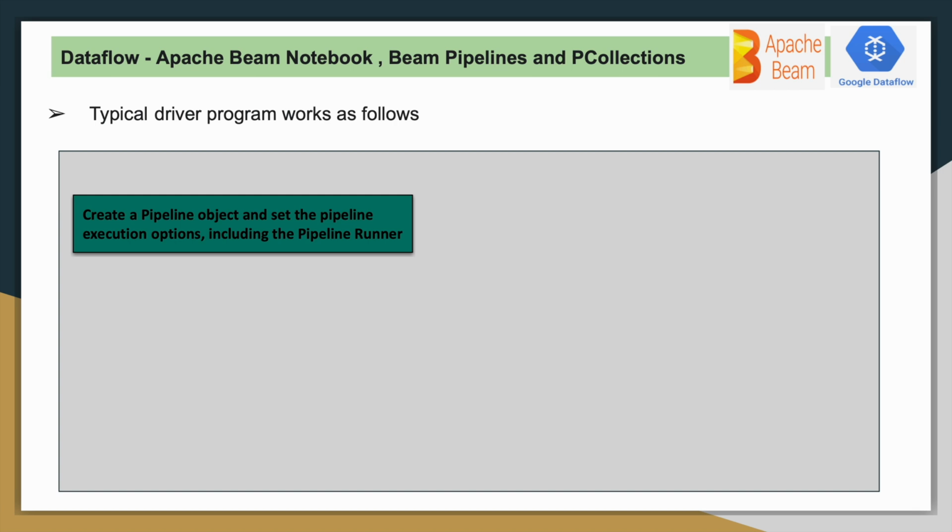The top entity in our pipeline is the pipeline object. First we'll create the pipeline object, and we'll set the pipeline options to run our pipeline on the backend runner or backend environment like Dataflow or Spark. This is the first step.